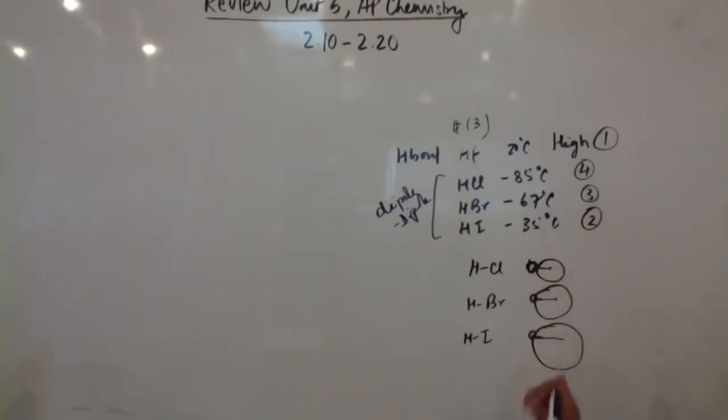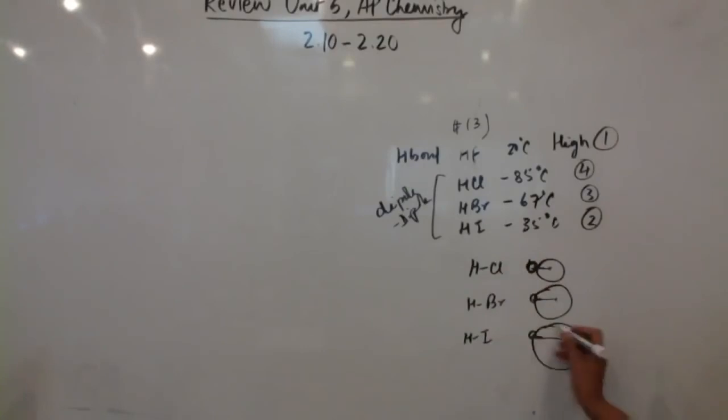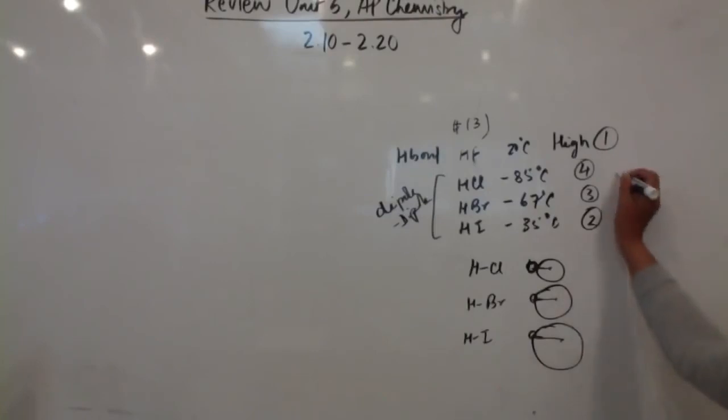Here they want you to address, if HI is the highest, this is the largest atom, I, out of the 3 halogens. So this will have the highest molar mass, greatest electron cloud distortion. So they want you to address LDFs here.